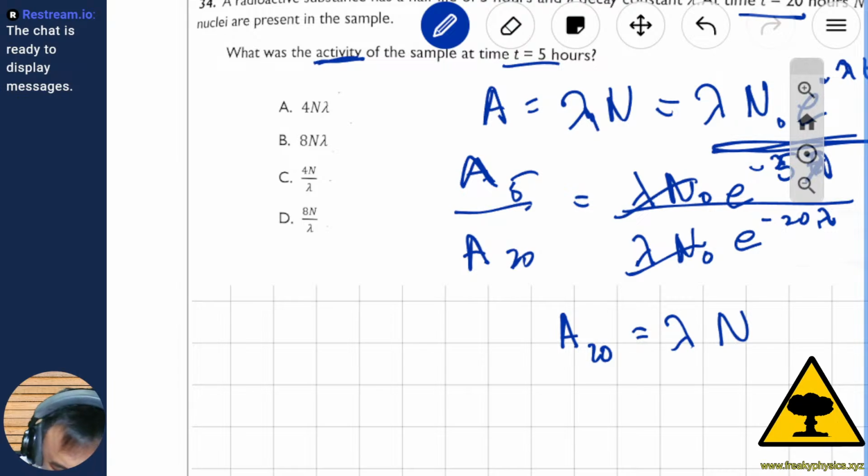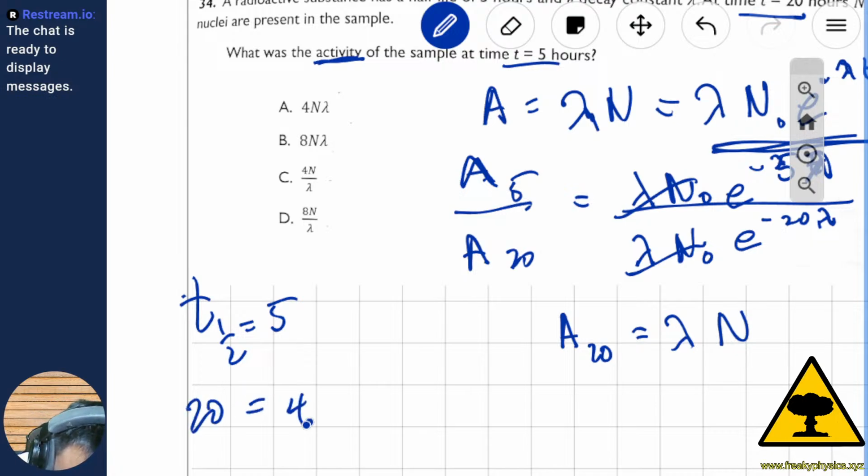So the half-life here we're given is 5 hours. So that means 20 hours is equal to 4 half-lives, as you mentioned.